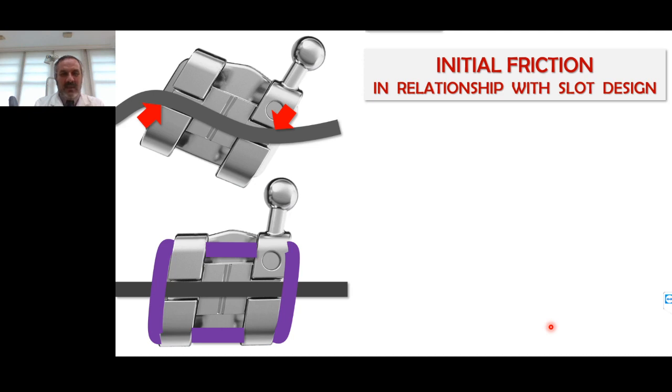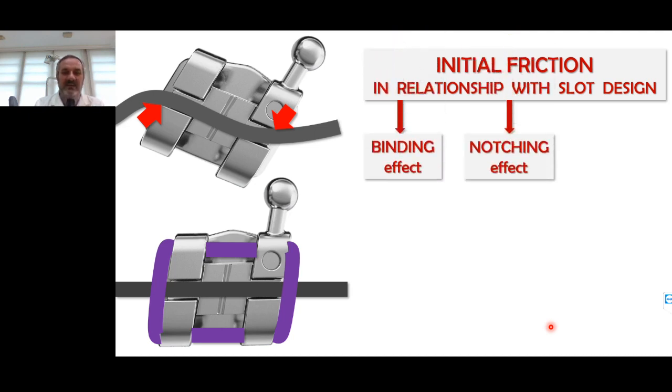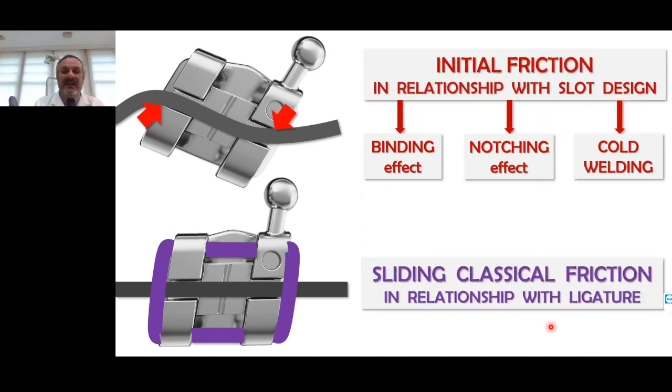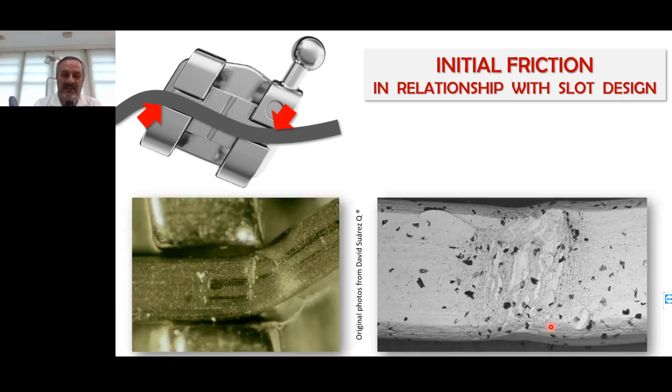The initial friction, remember, is in relationship with the binding effect, the notching effect, and the cold welding. And the classical sliding friction, for example, during space closure, is in relationship with the ligature. And it's very, very important, the bicycle brake effect, the contact between the ligature and the wire.